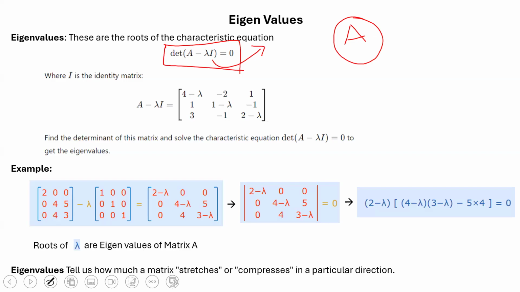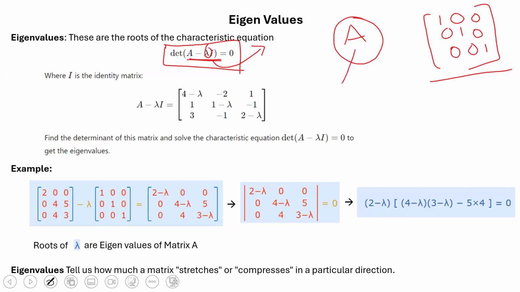For 3 by 3, it would be 1 0 0, 0 1 0, and 0 0 1. That is what the identity matrix is. You do A minus lambda I and solve for lambda. The values of lambda give you the eigenvalues of this particular matrix. Once you have calculated the eigenvalues, you can understand what an eigenvalue actually means.